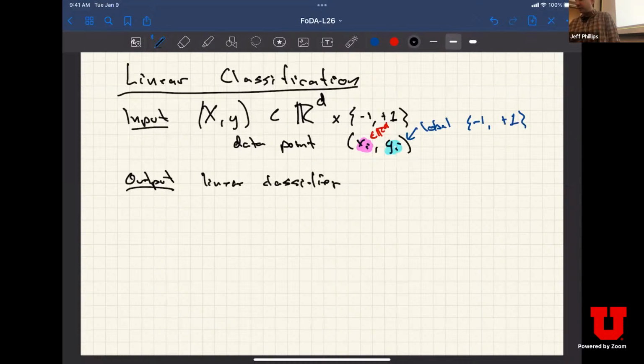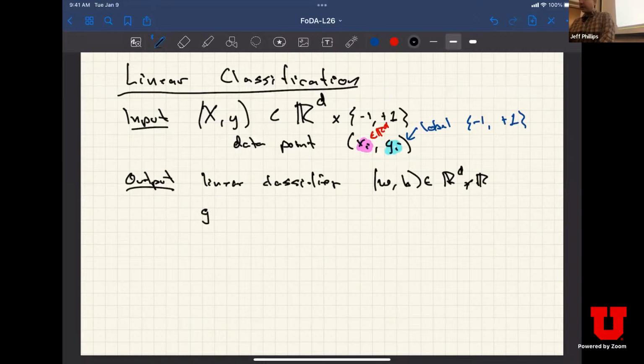Okay, and that's going to be parameterized by W and B, and these are going to be in R^d. So B is going to be the offset, W is going to be the normal vector. I'll draw a picture of this in a second.